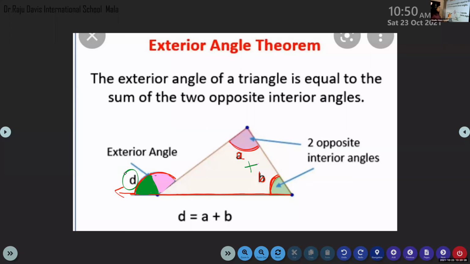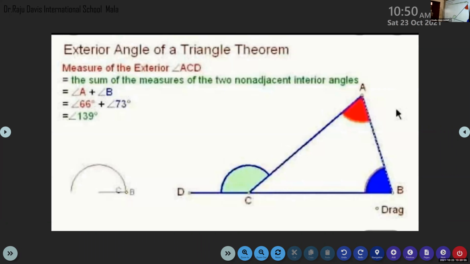So if A is 30 degree and B is 40 degree, what will be this angle? 70 degree. 30 plus 40, this exterior angle will be 70 degree. Okay, is it clear to you? Yes. I told you, not only here, by extending any of the three sides, you can draw the exterior angle.